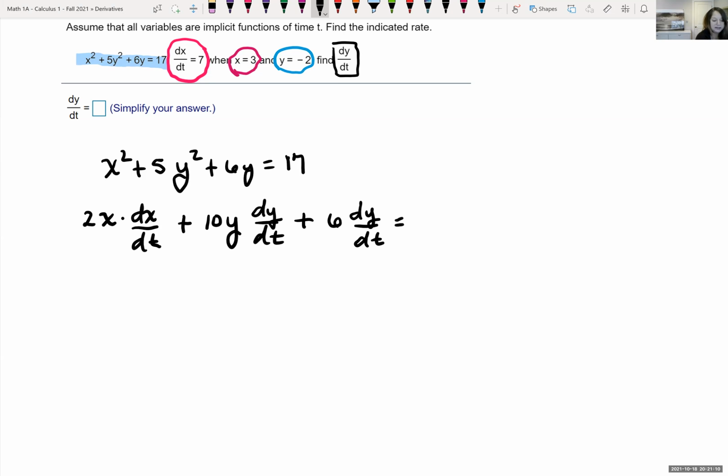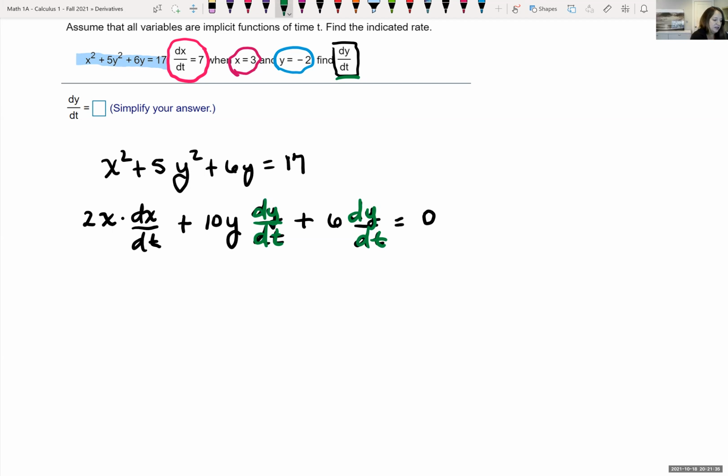Equals the derivative of a constant, 17, which is 0. So we're trying to find dy/dt. Now notice there's two terms that have dy/dt. We want to isolate that on one side of the equation so that we can find that.